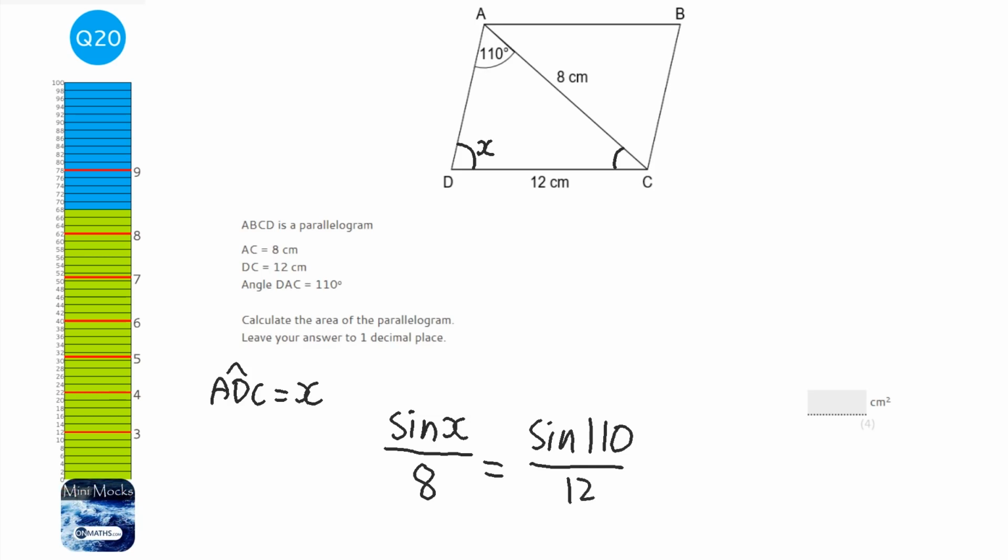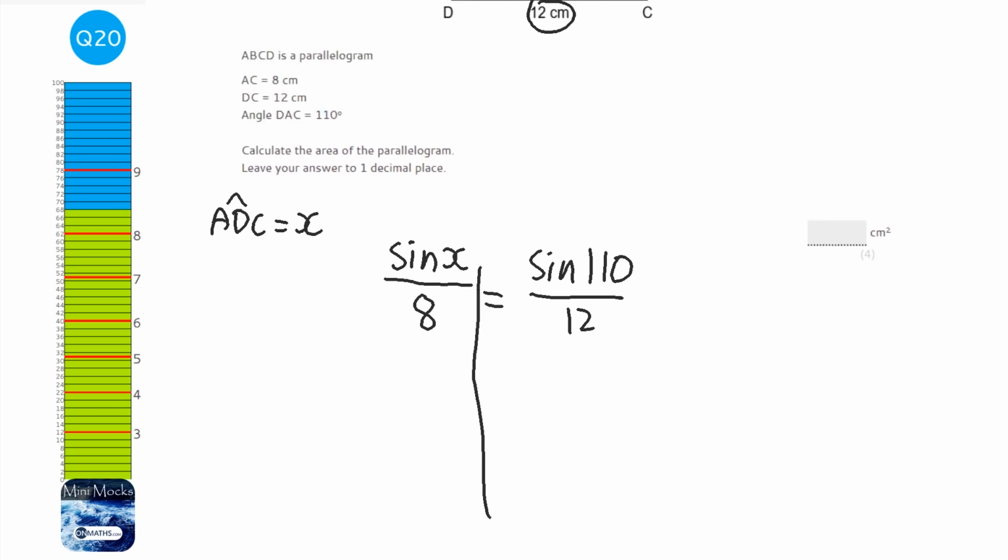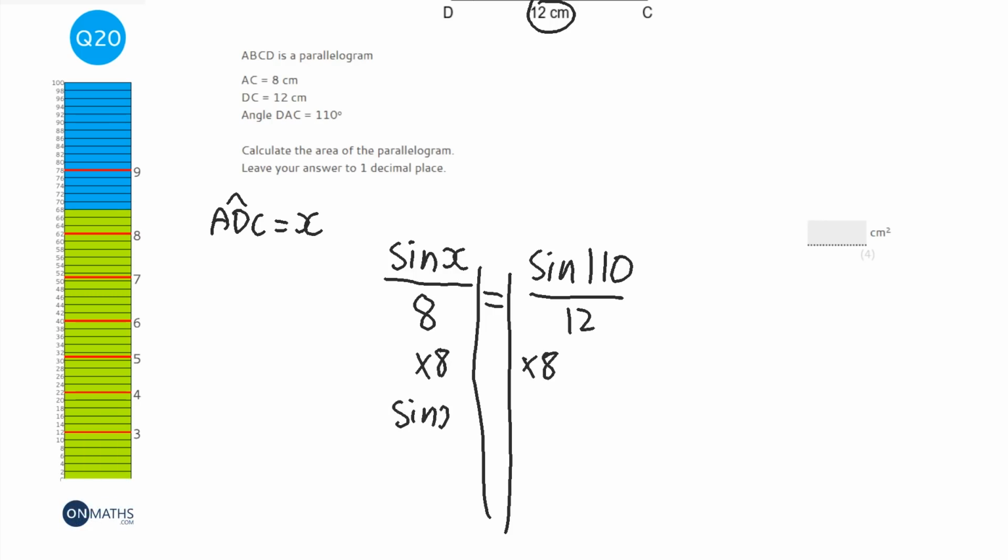And the reason it has to be that way around is that sine matches up opposite angles and lengths, so it's going to be those two and those two. So first thing I'm going to do is times both sides by 8. So it's going to be sine x equals 8 sine 110 over 12.